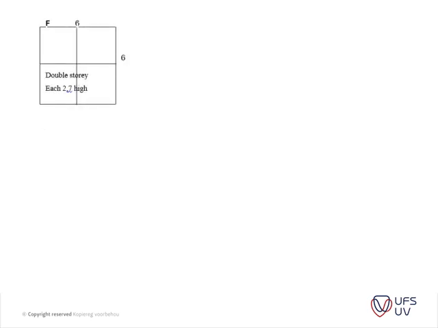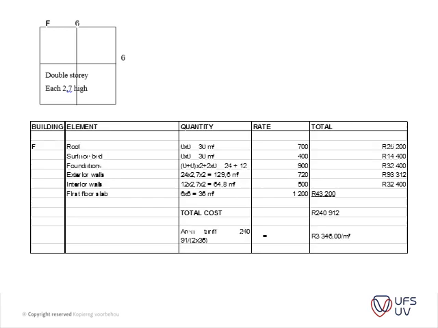Here's another example. Now we just added our internal walls. So now you can see your interior walls. You've got your length added to that.